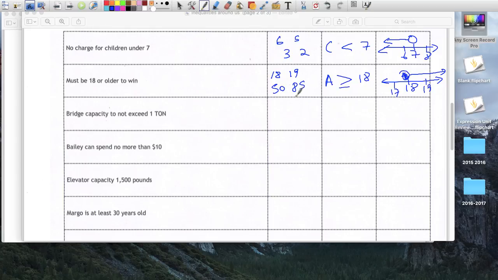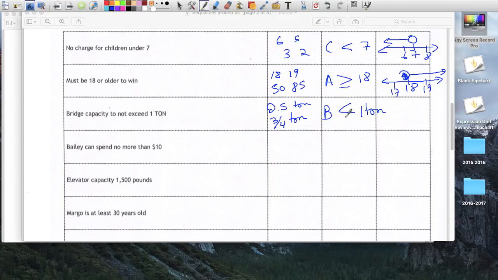Bridge capacity, not to exceed a ton. So you can be half a ton, 0.5 of a ton, maybe 3/4 of a ton. Can you be heavier than 1 ton? No, you can't. You can go up to 1 ton. So the bridge capacity is B. Whatever is going on top of that bridge compared to 1 ton, you have to be less than a ton.